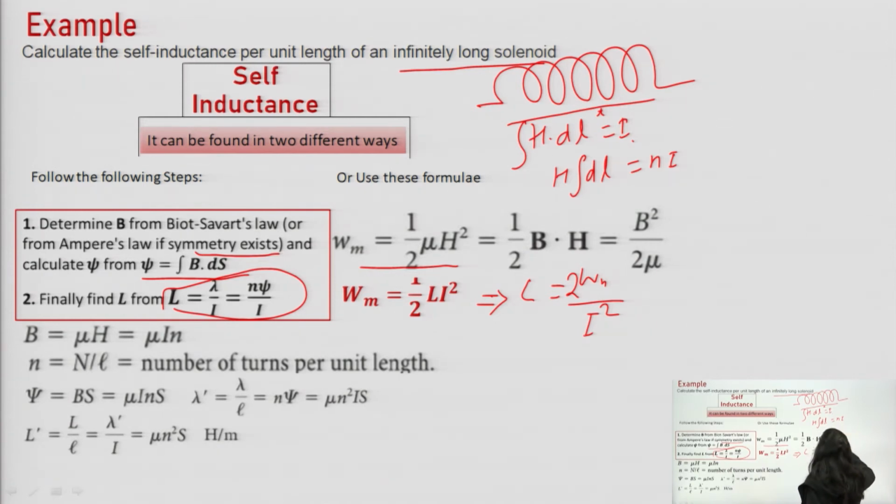So N is the number of coils per unit length.